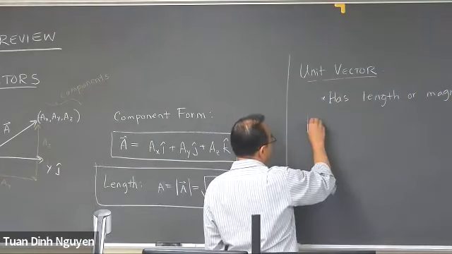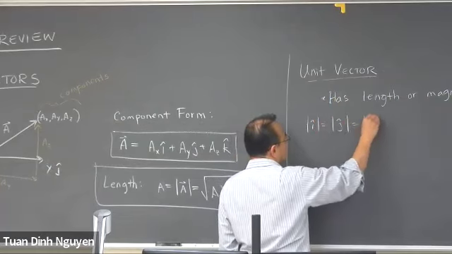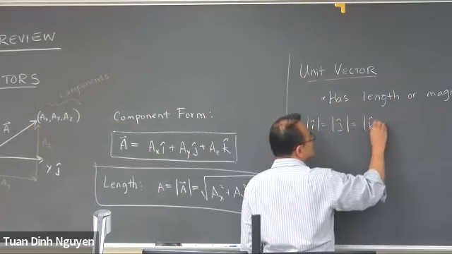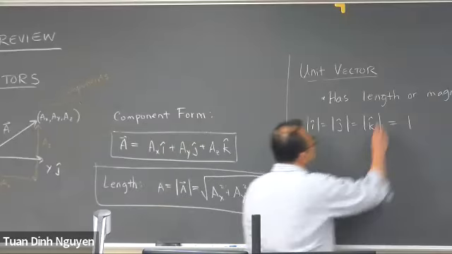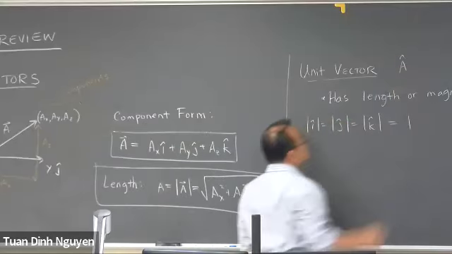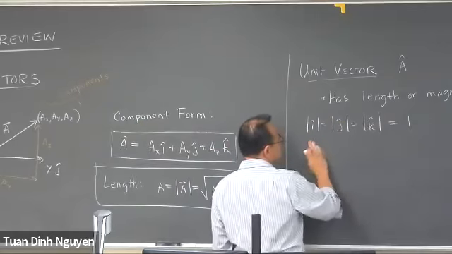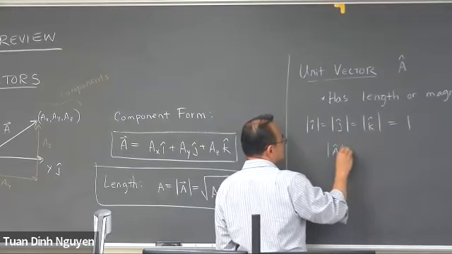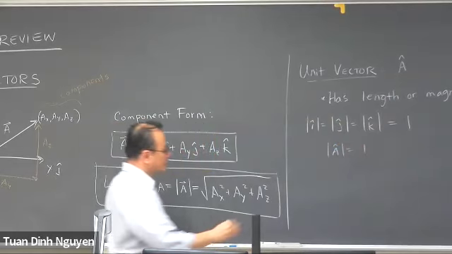So if we treat these i hats, j hats, k hats, they're distinguished by these hats. They all have length 1. So you can write that.